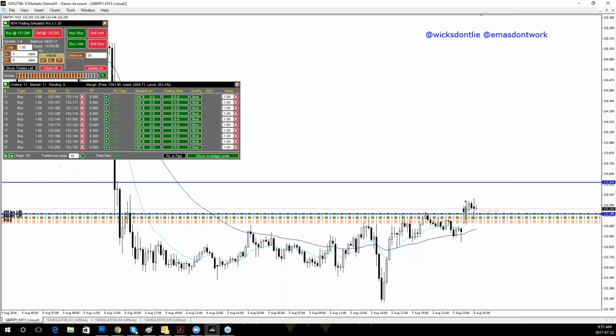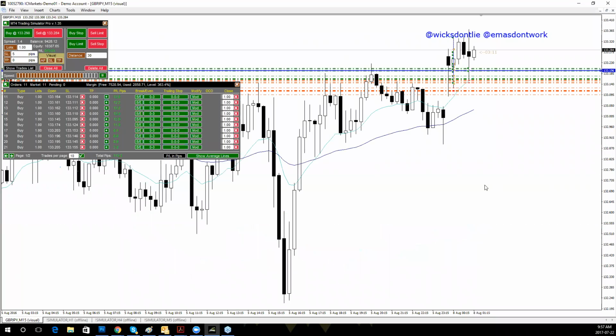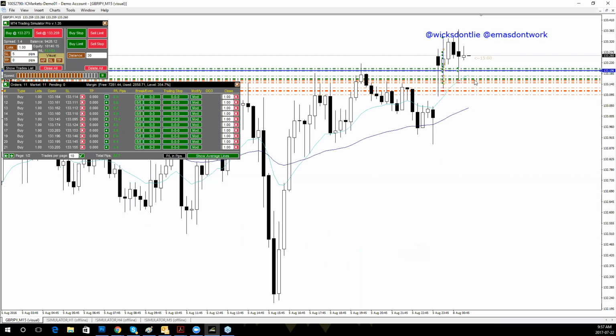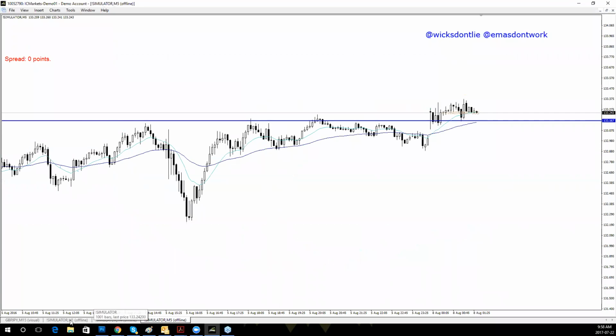Any reason why you buy so many? The reason I bought so many is to diversify my risk. That's such a common question, man. Everyone asks that: why do you open multiple positions?